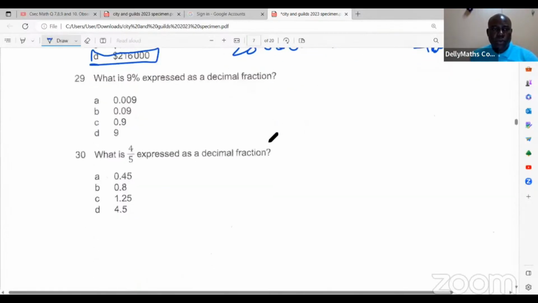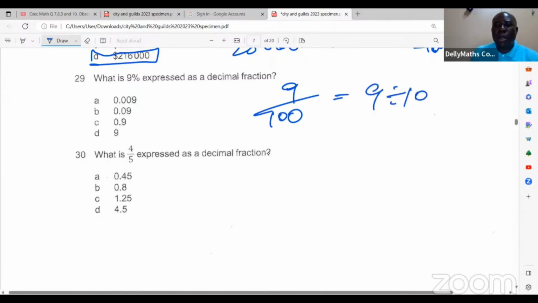All right, so what is 9% expressed as a decimal fraction? You're talking about 9 over 100, which means 9 divided by 100. So 9 is your decimal at the back, 1, 2. This is the point. There it is.